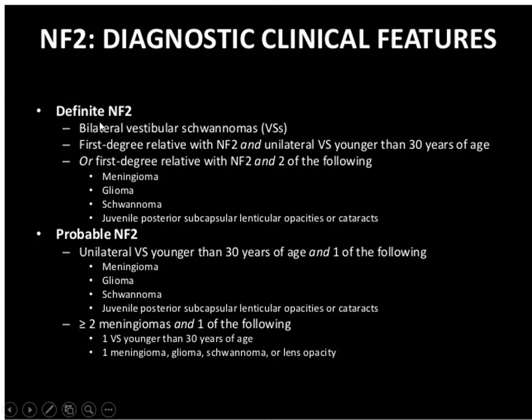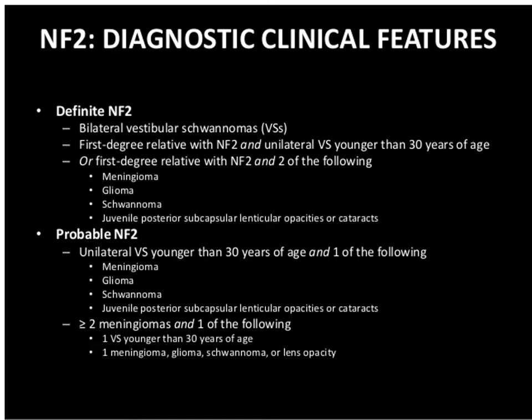The diagnostic clinical features of neurofibromatosis type 2: we have definite or probable. Definite: bilateral vestibular schwannoma; or first degree relative with type 2 neurofibromatosis and unilateral vestibular schwannoma younger than 30 years of age; or first degree relative and 2 of the following: meningioma, glioma, schwannoma, juvenile posterior subcapsular lenticular opacity, or cataract.